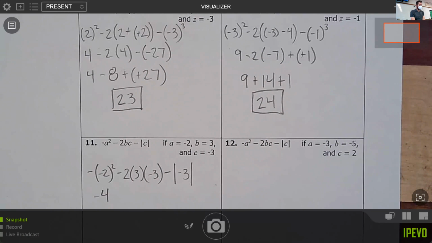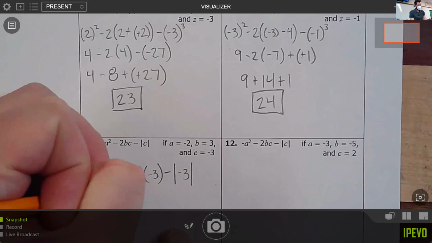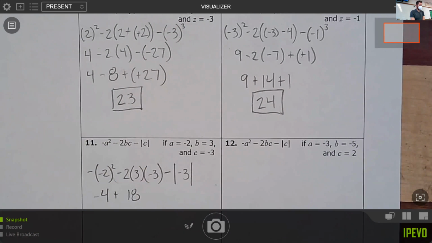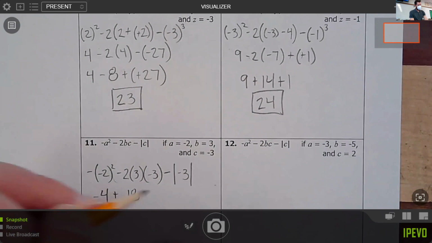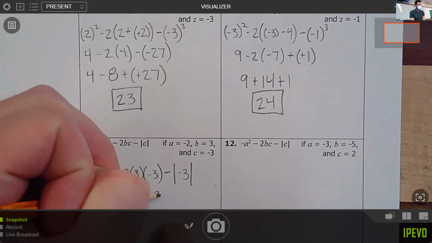And then we can multiply these three numbers together. This is going to be negative 2 times 3, which is negative 6, negative 6 times negative 3 is positive 18. So these three here turn into a plus 18. The absolute value of 3 is 3, but there's still a minus there.